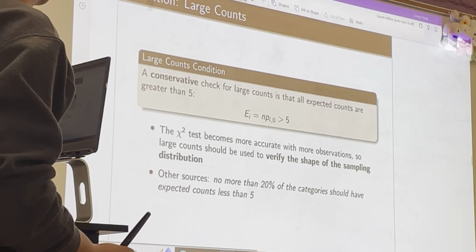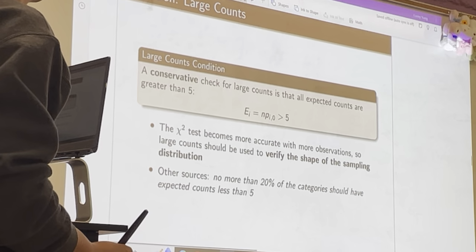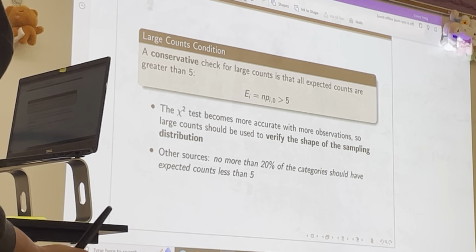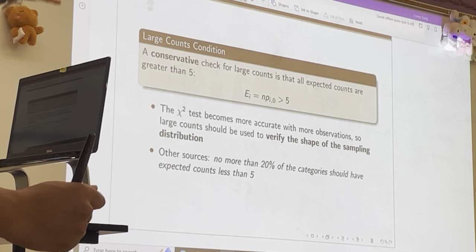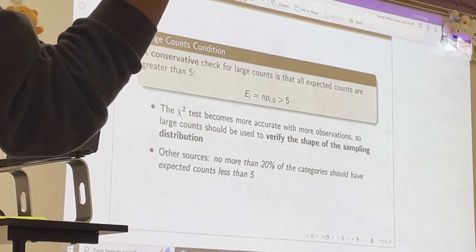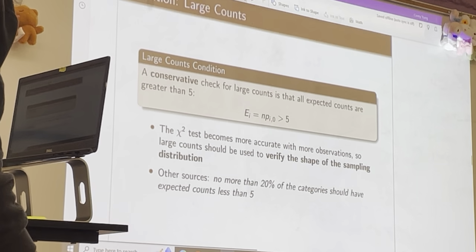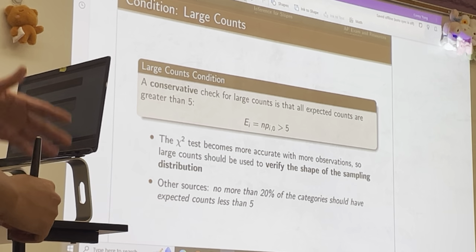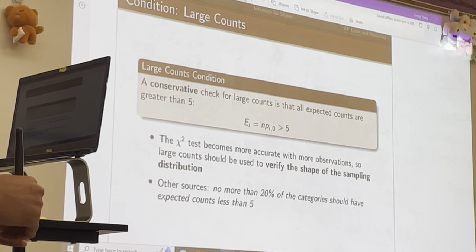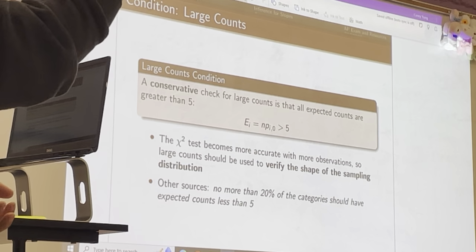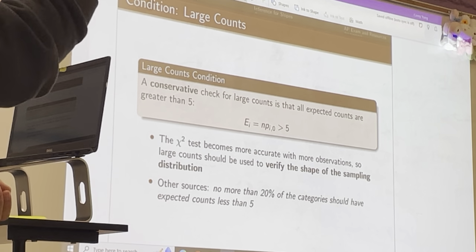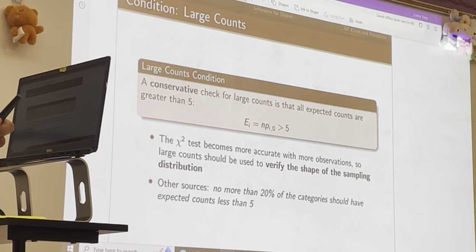Again, I wish the flow was a little bit better, but once we have the expected count, so I just showed you guys how we get the expected counts under the null. As I started today, we're not dealing with normal anymore. So if you guys remember from our conditions, that middle one was normality. Throw it out the window. We are not talking about normal anymore.